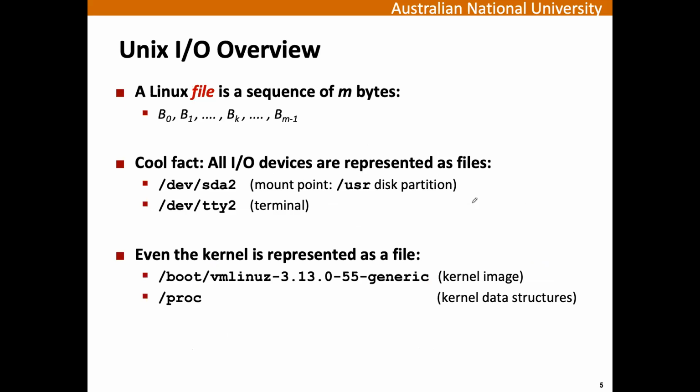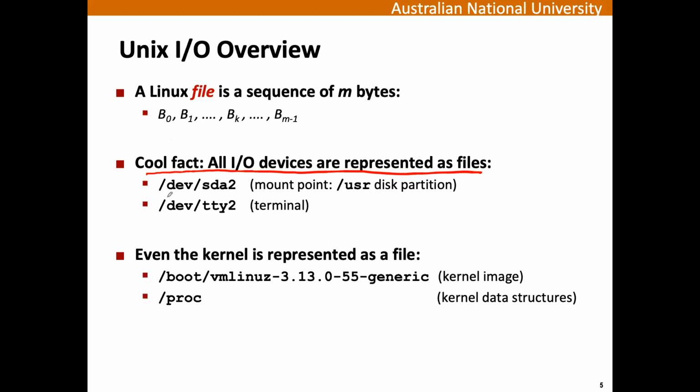A file is a very basic abstraction in Linux, Unix, or other similar operating systems. A file is simply a sequence of bytes. And a lot of things that we intuitively don't think of as files are actually exposed as files in Linux. So devices, IO devices, disks, solid state drives actually appear as files.